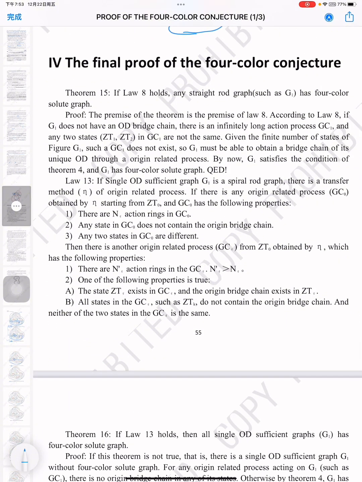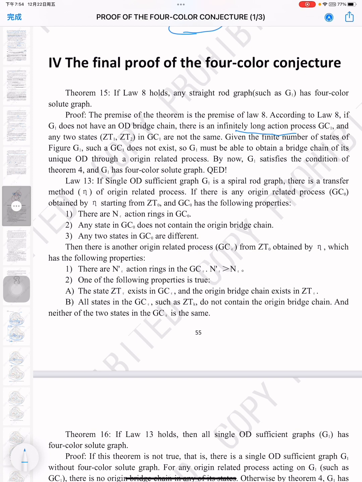Chapter 4, the final proof of the four-color conjecture. Theorem 15. If law 8 holds, any straight rod graph such as G1 has four-color slot graph. Proof. The premise of the theorem is the premise of law 8. According to law 8, if G1 does not have an OD ray string, there is an infinitely long action process, GC1, and any two states, ZT1 and ZT2 in GC1, are not the same.